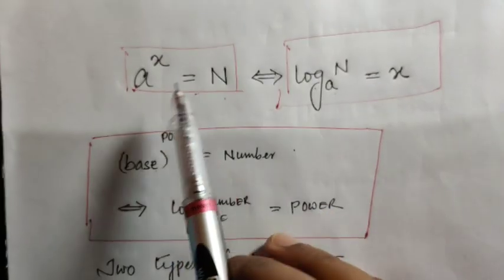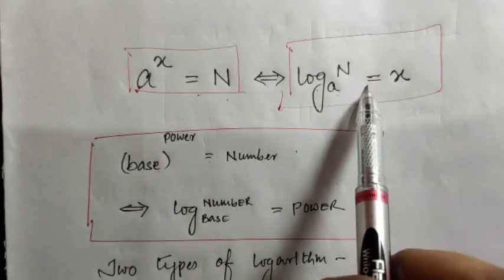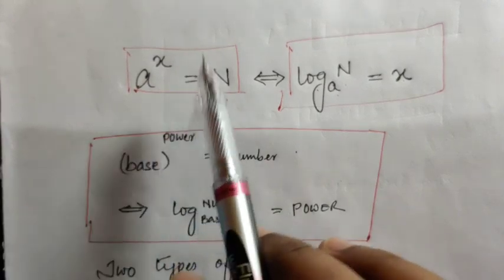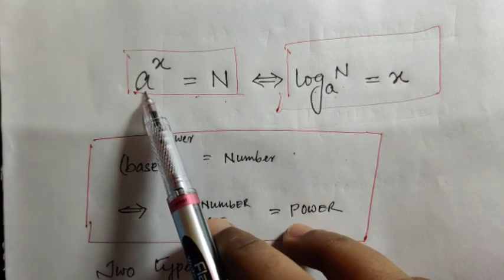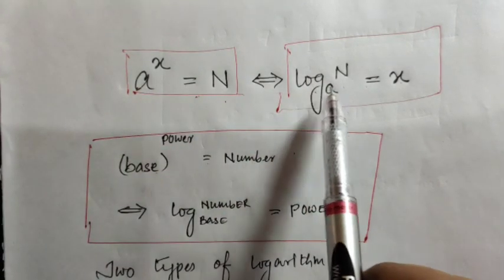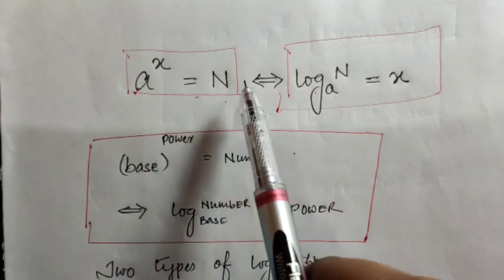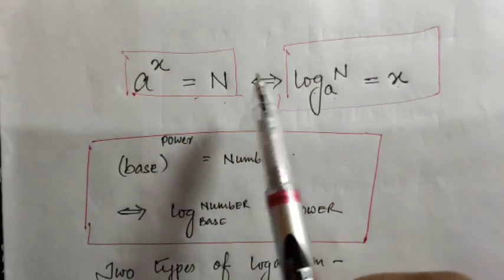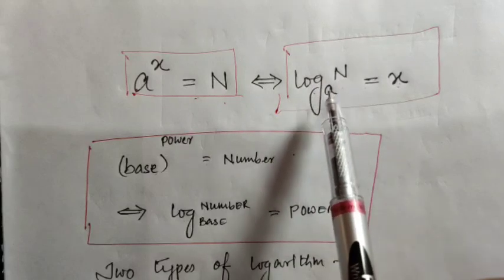Okay, let's come to the next page. Now a to the power x is equal to n. This is the exponential form and this is the logarithm. Again, I'm saying how you can express any exponential form in logarithm form. Here, the base in the exponential form is a, and in the logarithm also the base is a. Only the power will come on the RHS, and the number n will come here in this way: log n to base a is equal to x.